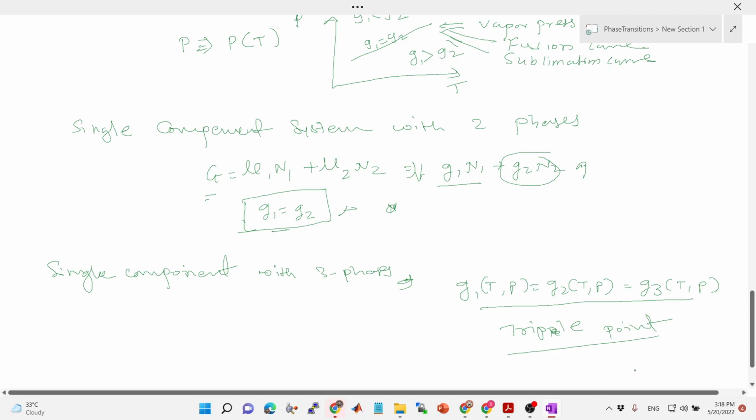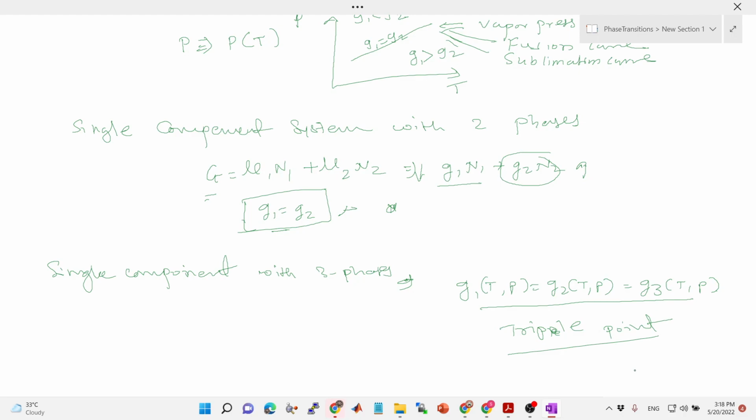And we know for water, this is the... let's draw the water phase diagram.